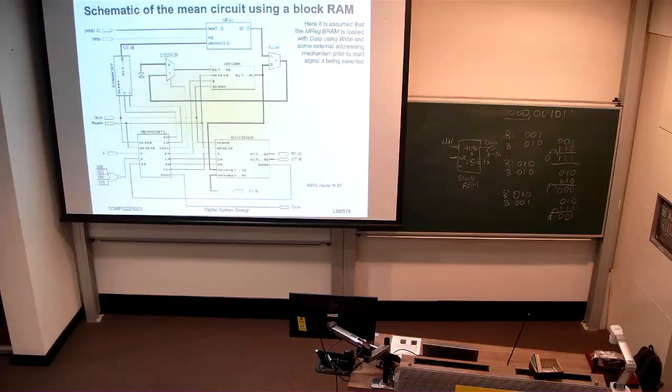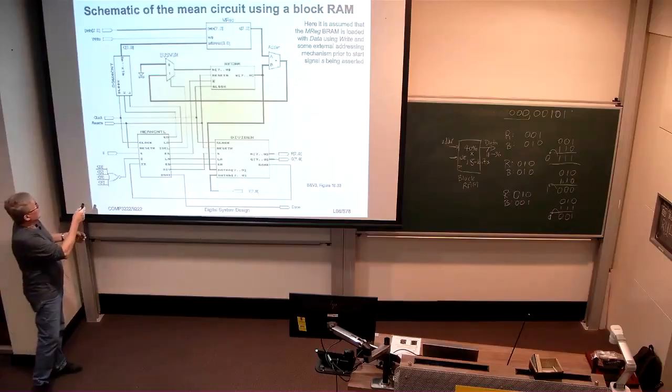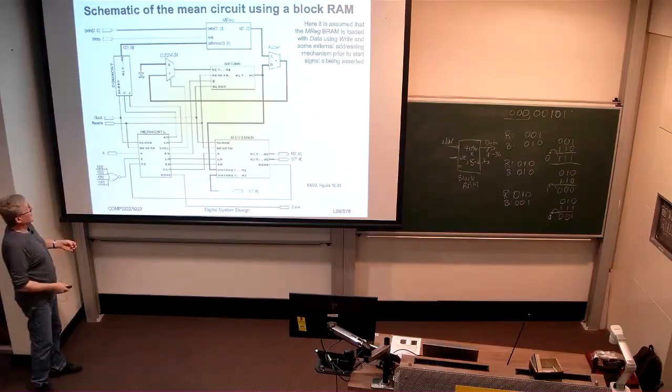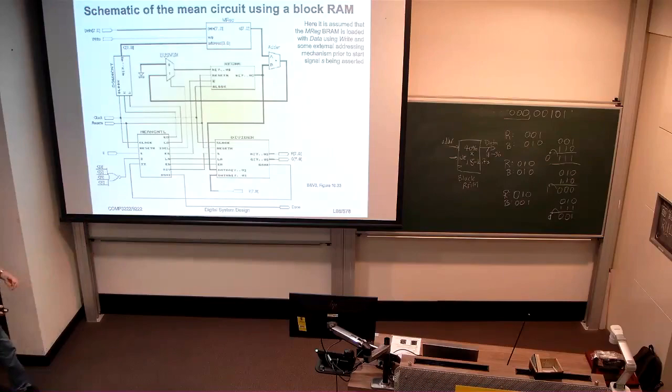So we have a counter here that will allow us to read every entry of this block RAM, although in this particular case we only have a 4-bit count, and so at most the address can be 15. We can read the values that are in that block RAM and then accumulate those in our sum register, which is given over here.